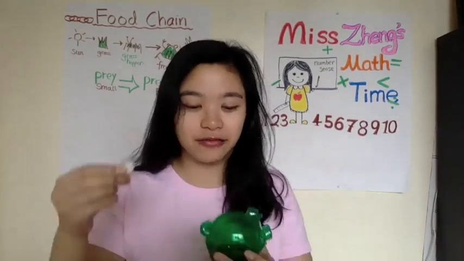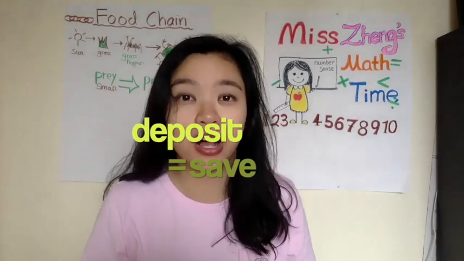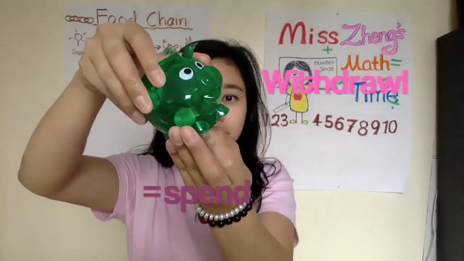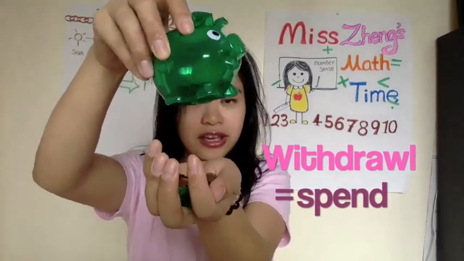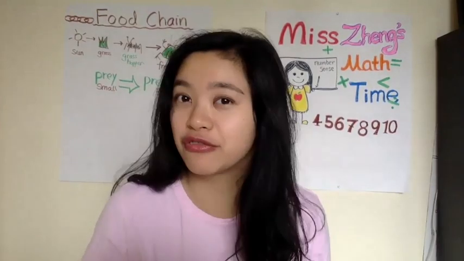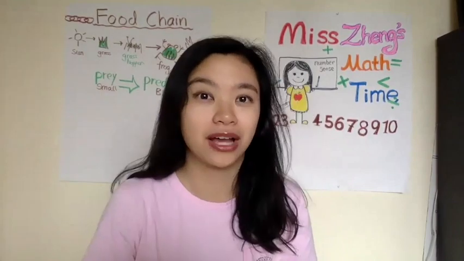So the act of putting money inside your piggy bank is called depositing. And the act of withdrawing your money from the piggy bank is called withdrawing. Withdraw means take something out of the bank, while depositing means putting something back into the bank.